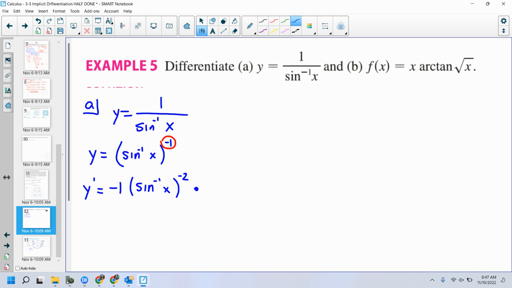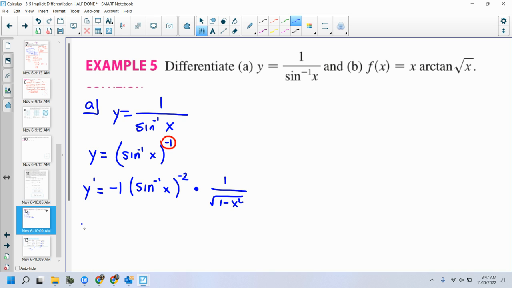Now, let me go back to my formula sheet. The derivative of inverse sine, 1 over square root of 1 minus x squared. Yep. So it's 1 over the square root of 1 minus x squared. Now, again, one of the only things that you need to do here to simplify it is to just get that negative exponent out of the way.